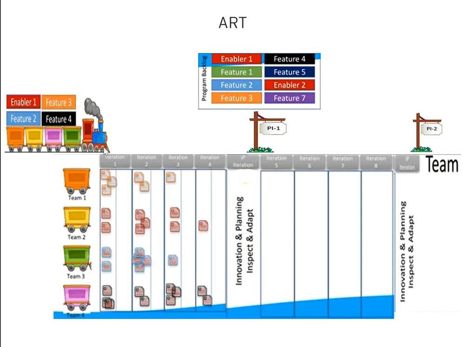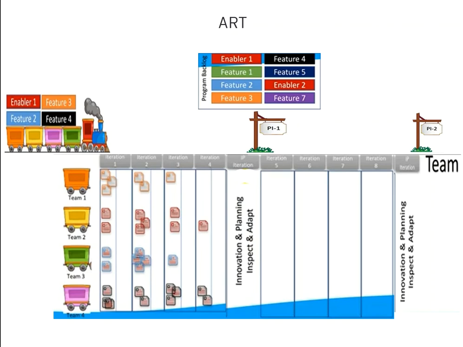As the train moves towards PI 1, which is the first stop, the team will progress, and by the time the train reaches PI 1, it will be completed. That's what this ART means.